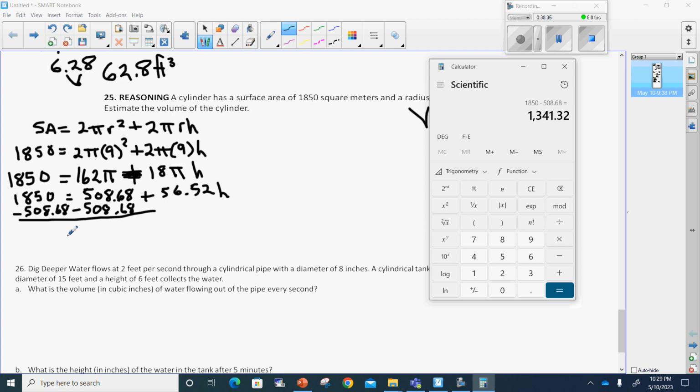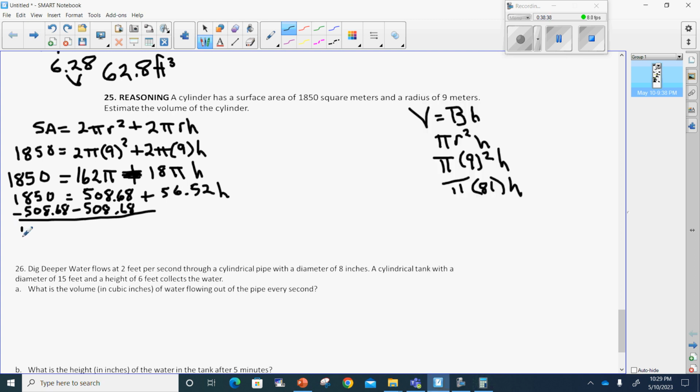That's going to equal 1,341.32. That's going to be equal to 56.52 times h. We know we're going to have to divide 56.52, which means we've got to divide it from this side.